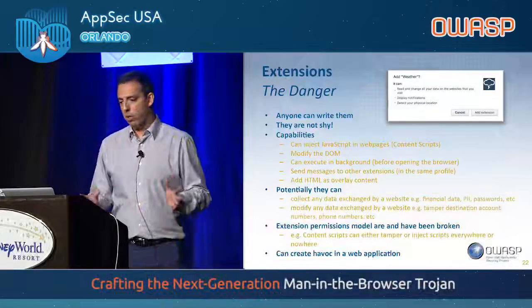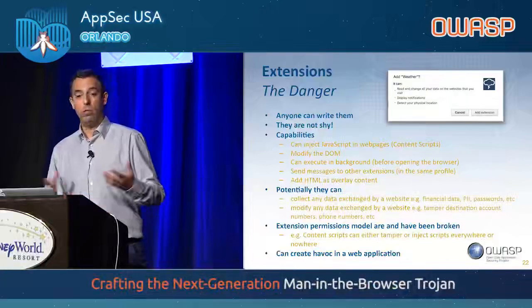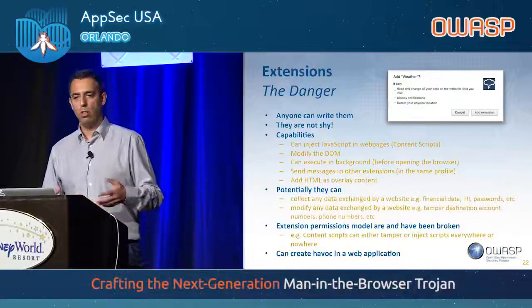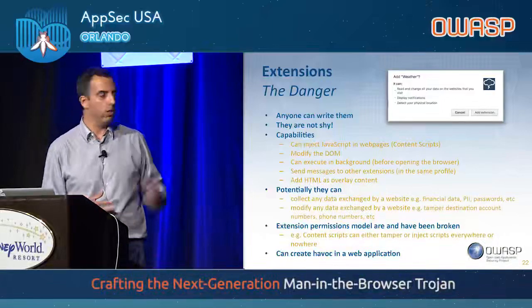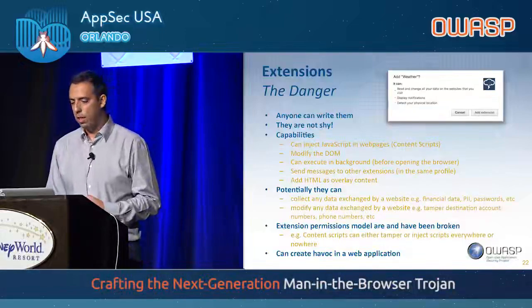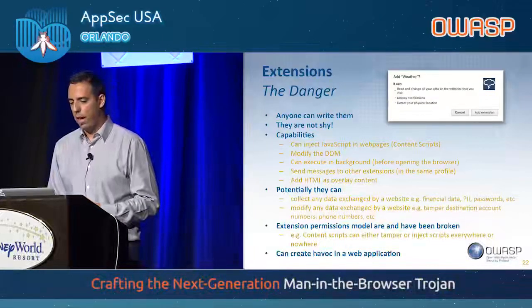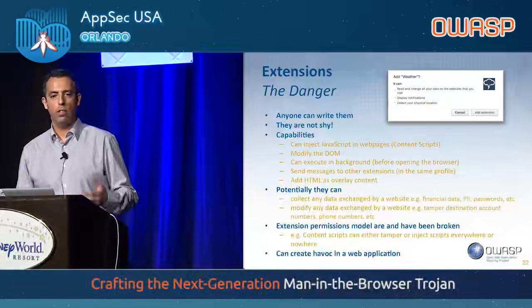Extensions are really dangerous, and let's think about it. Anyone can write them. They are usually not shy about requesting permissions. For instance, the example that you can see there, it's a weather extension, and it's basically requesting read and write access to all websites that you visit.